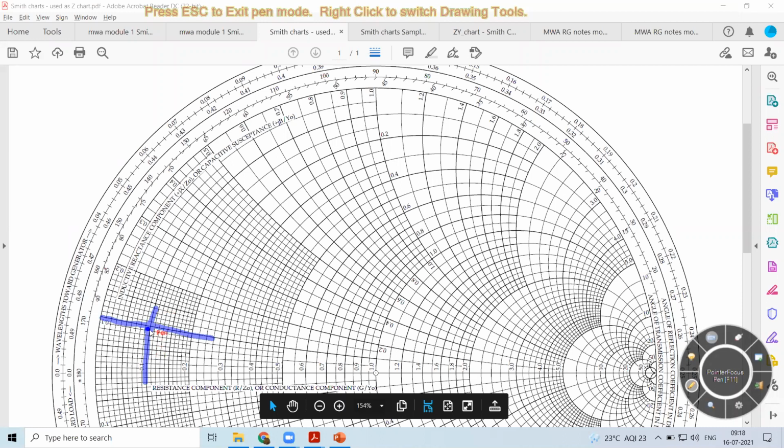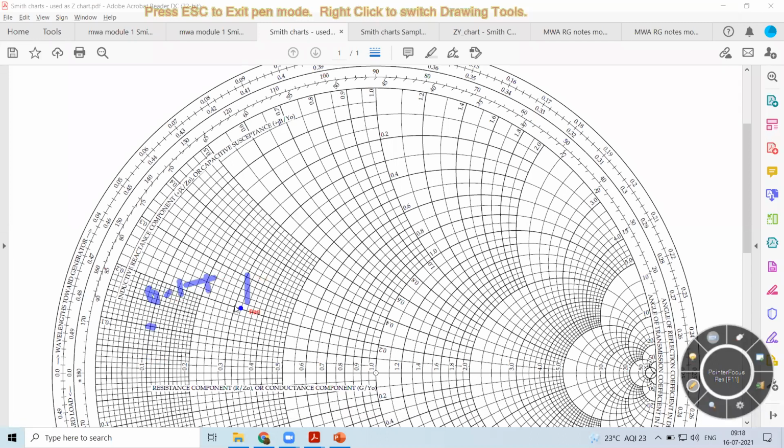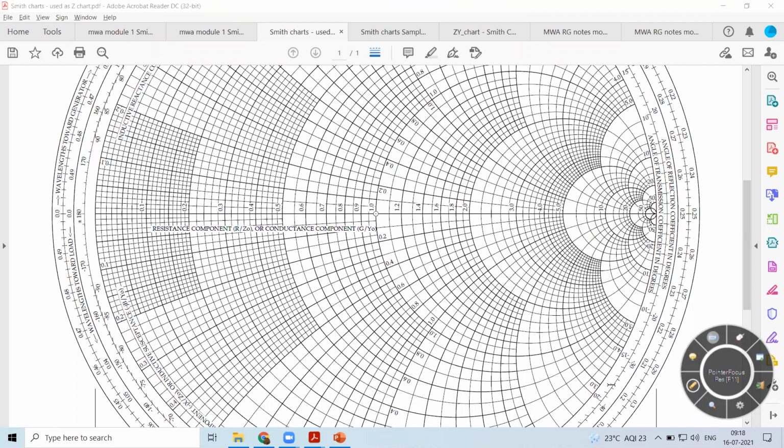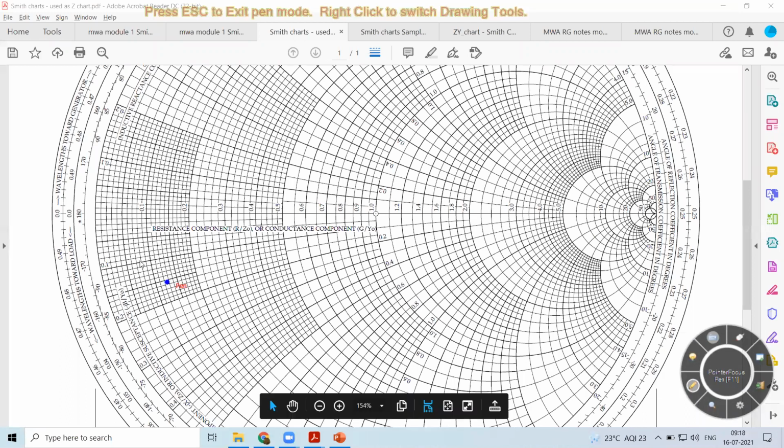So this point what we are observing corresponds to 0.1 plus j 0.1. Now, suppose we had 0.1 minus j 0.1, which is over here.